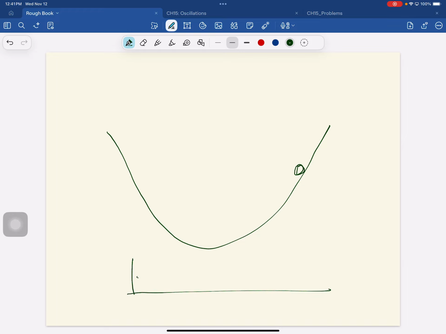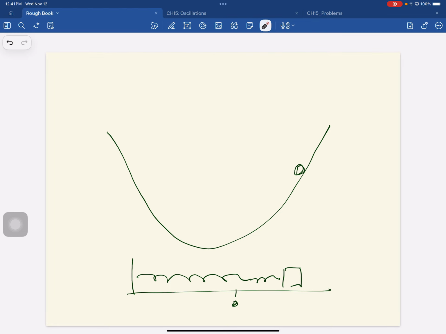So let's say this is the equilibrium position of the spring. If you disturb it from the equilibrium position, the force that comes into play is pulling it back there. If you compress the spring, the forces that come into play are trying to bring it back to the equilibrium position.